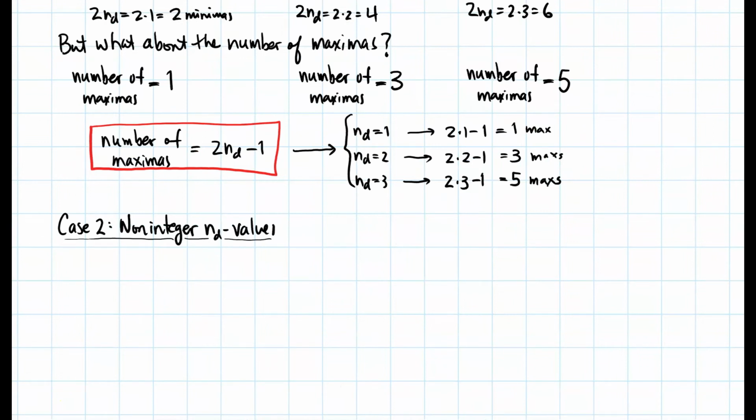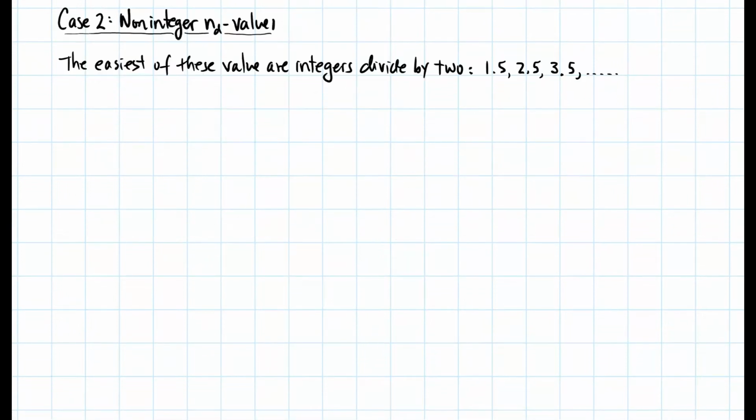Case 2, non-integer ND values. The easiest of these values are integers divided by 2, like 1.5, 2.5, 3.5, etc. What do these pictures mean? So if I look at ND equal to 1.5, then I know if I have ND 1 and 2, 1.5 is going to be in between these two here, so it's closer to a maxima.